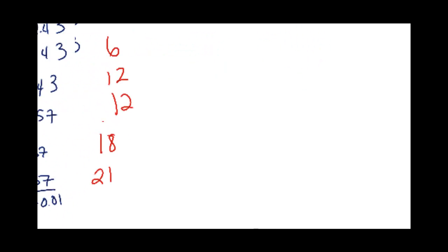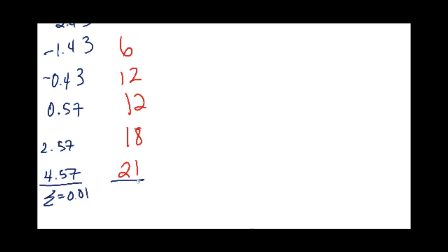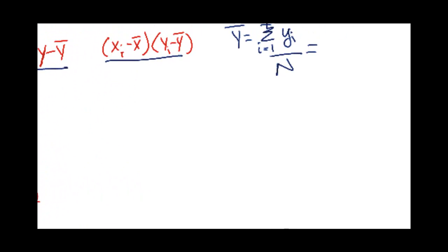The summation of y, if you add these together, is 84. 84 divided by 7 gives you 11.57. So that would be your y bar.